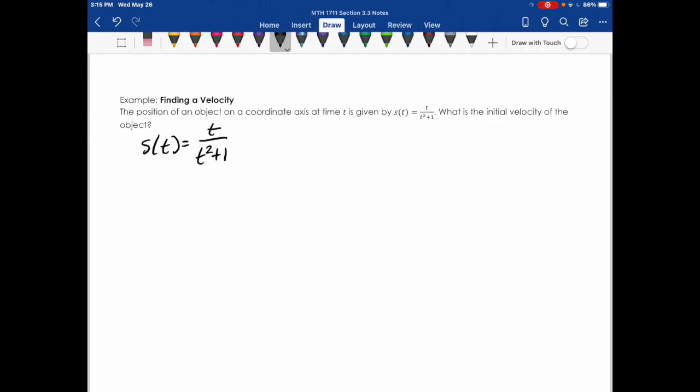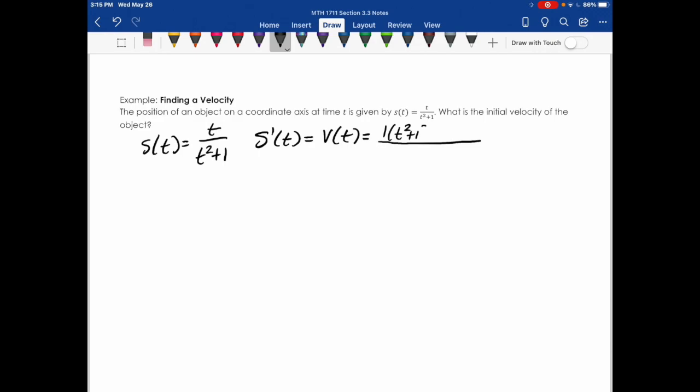Okay, so if we want to figure out what the initial velocity is, to figure out what the velocity is at any point, we need to find the derivative of the position function. So I'm going to find the derivative of the position function, which gives me the velocity. And because this is a quotient, I'm going to use the quotient rule.